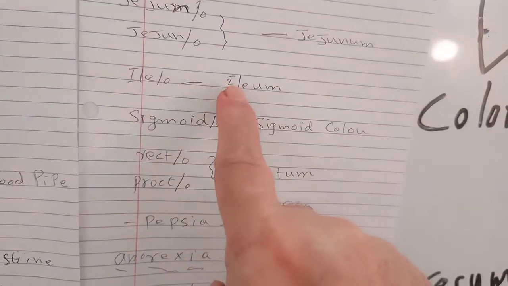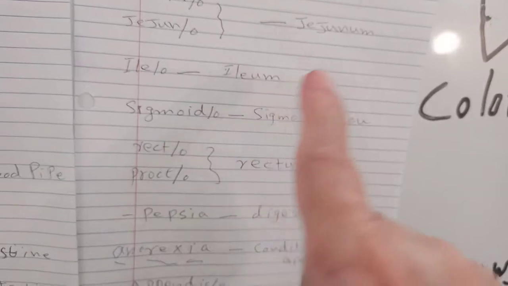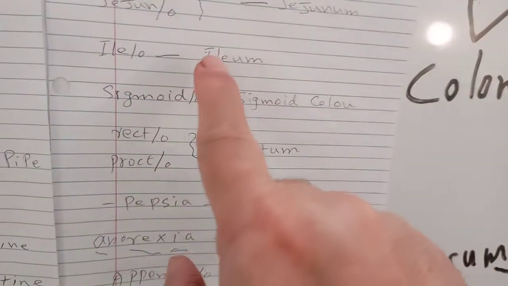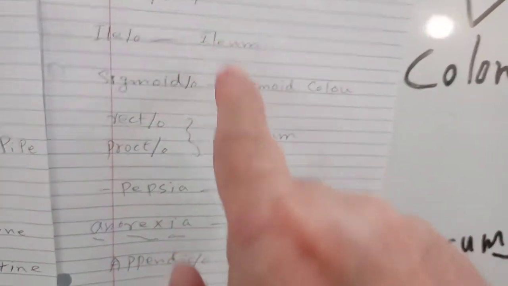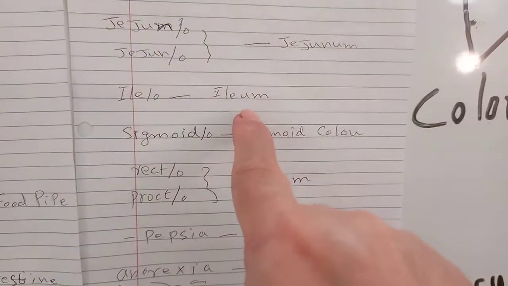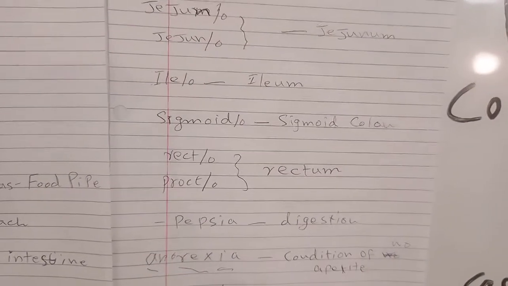The other ilium is a part of the hip bone. Hip has I, so it has ilium with I. So that ilium with I is a part of the hip bone, and this ileum with E is a part of the small intestine.